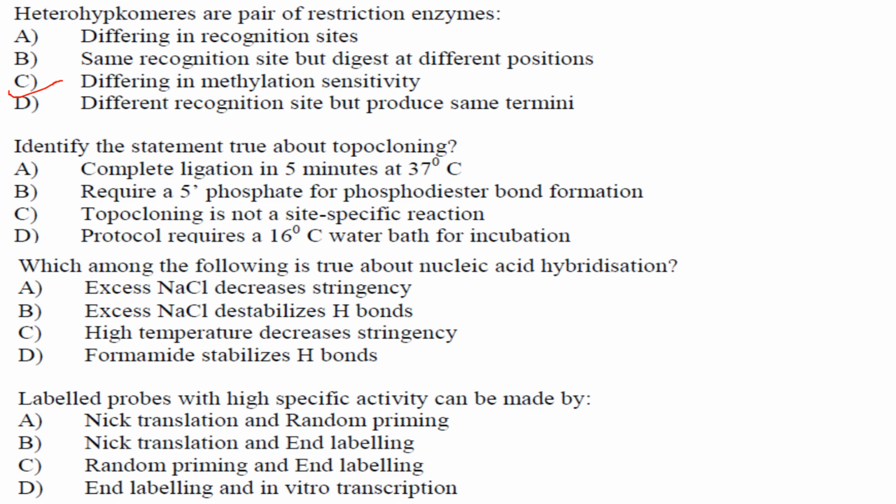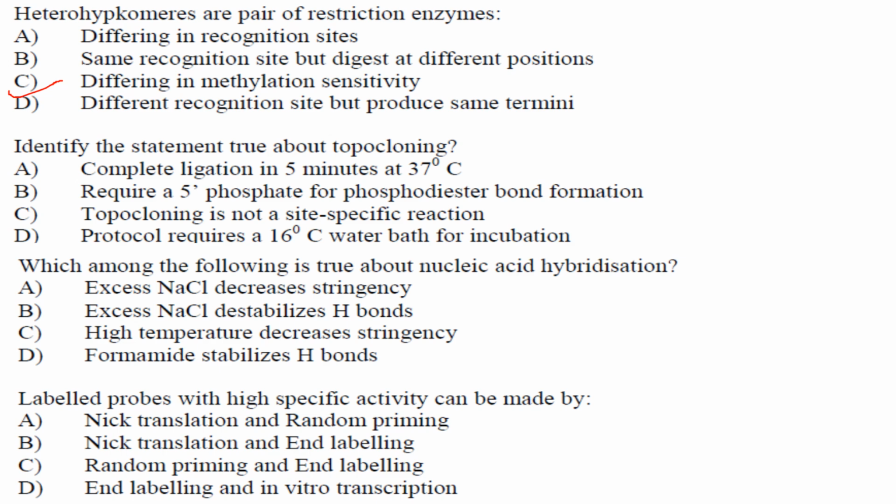So here answer is option C. Identify the statement true about TOPO cloning. TOPO cloning, also known as topoisomerase mediated cloning, is a rapid cloning method and it uses topoisomerase I to join DNA fragments. So in TOPO cloning you need not go for DNA ligase and ATP reactions, and it is a fast and efficient cloning method.